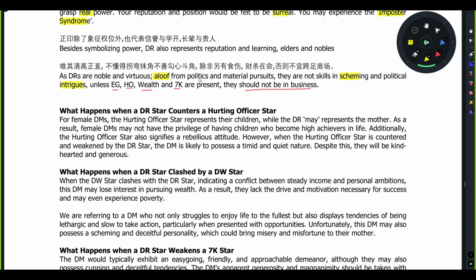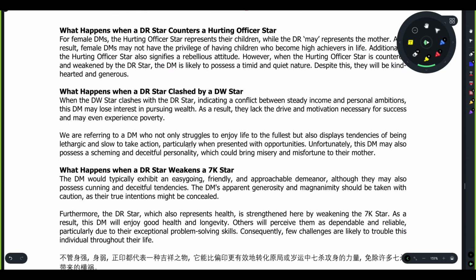They may become high achievers in life. That's just a little bit of an old reading when it comes from that itself. And direct resource clashes with the direct wealth star. So therefore, that's often considered to be one of the readings that we often tend to see as it is.